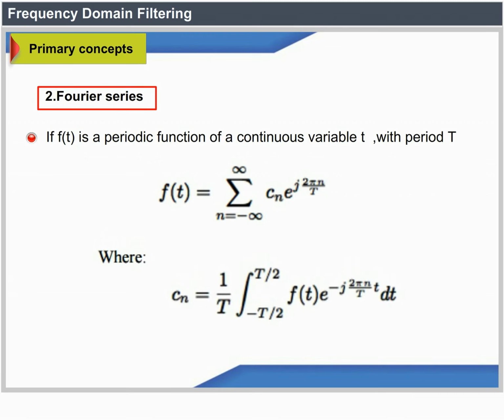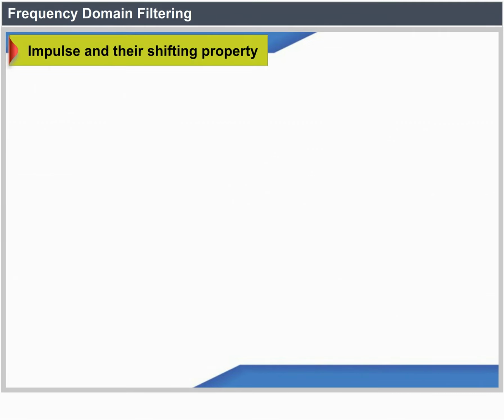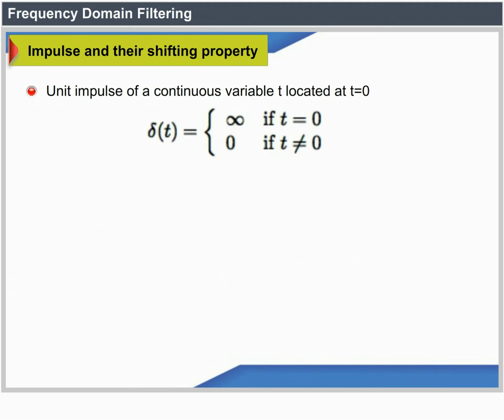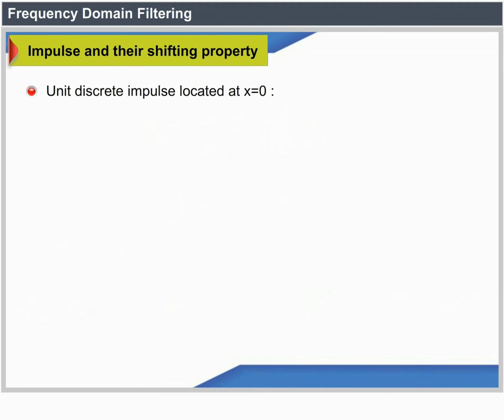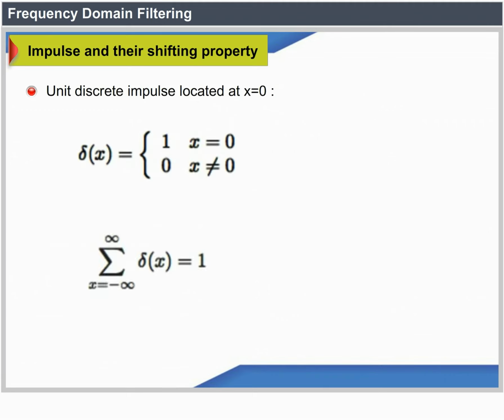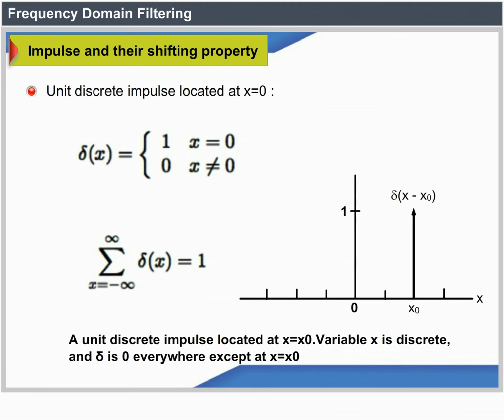A unit discrete impulse located at x equals x0, where variable x is discrete, is 0 everywhere except at x equals x0. The shifting property will be as shown on the screen. Impulse train: sum of infinitely many periodic impulses delta t units apart. The representation will be as shown on the screen.